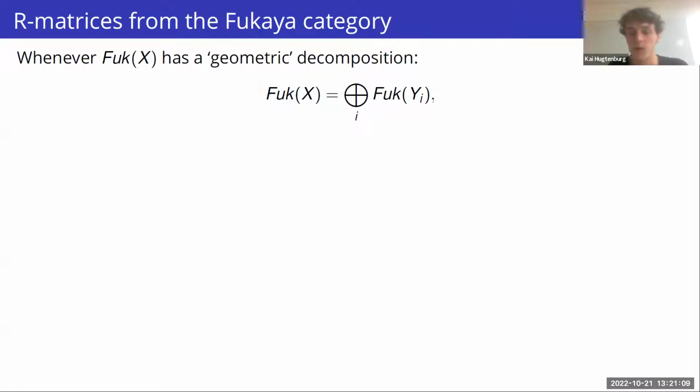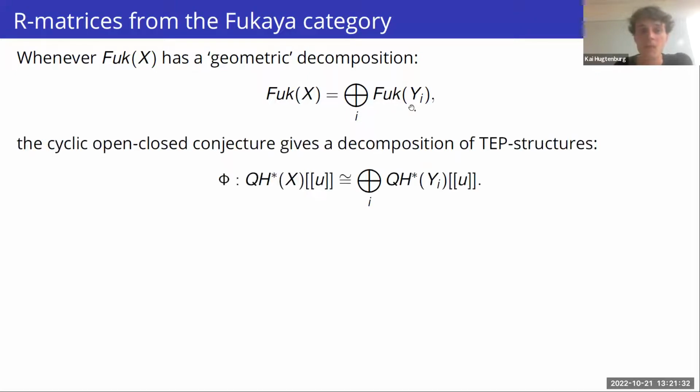So one of the things I started thinking about is how you can obtain these R-matrices from the Fukaya category. Suppose that your Fukaya category has some sort of geometric decomposition, which is that the Fukaya category of X splits as a direct sum of Fukaya categories of some other symplectic spaces Y_i. What the cyclic open-closed conjecture gives you is that there then exists some decomposition of TEP structures: the quantum TEP structure associated to X, and the direct sum of the quantum TEP structures associated to the spaces Y_i.